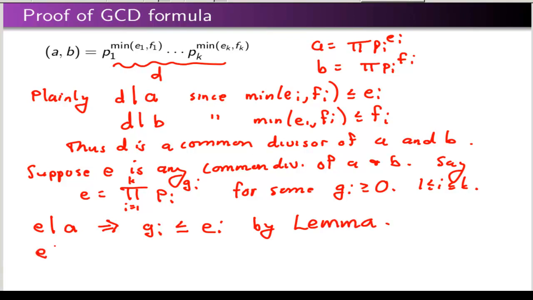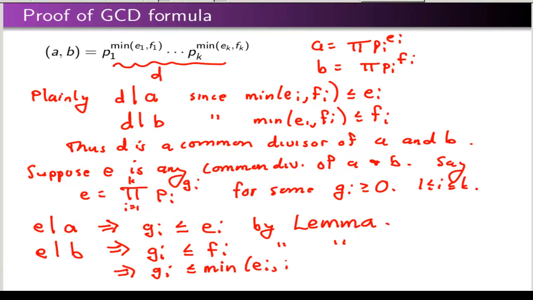And E divides B implies that g_i is at most f_i by the same lemma. Therefore, g_i is less than or equal to both e_i and f_i, so g_i is at most the minimum of e_i and f_i.